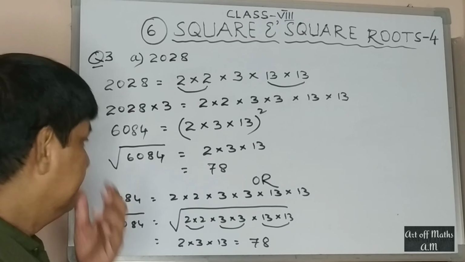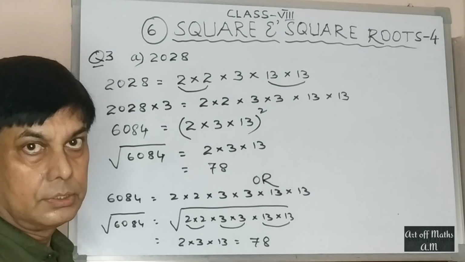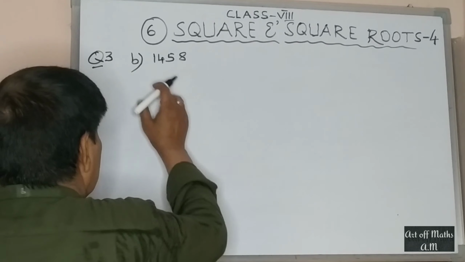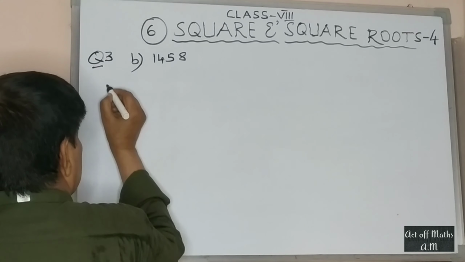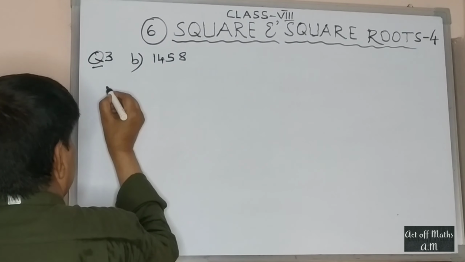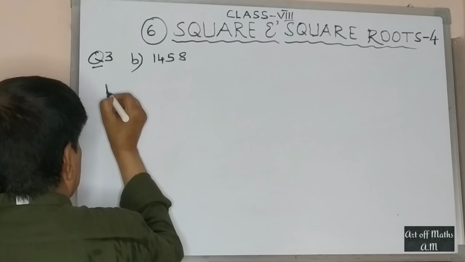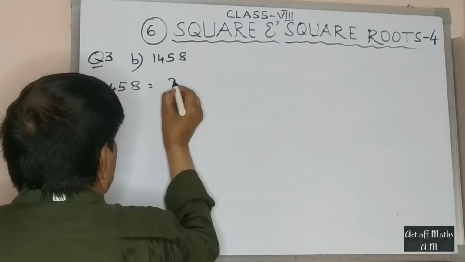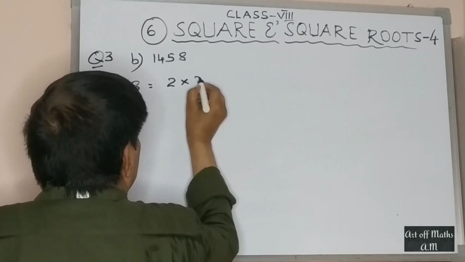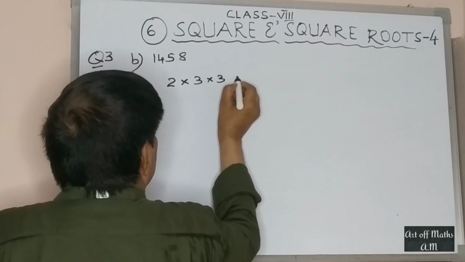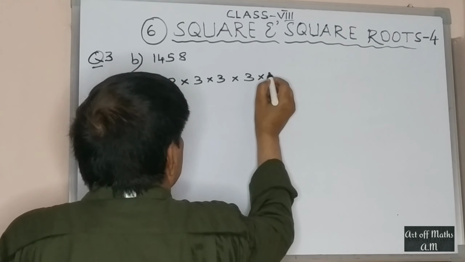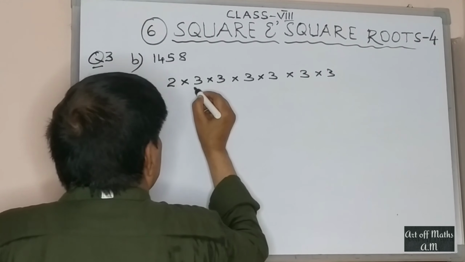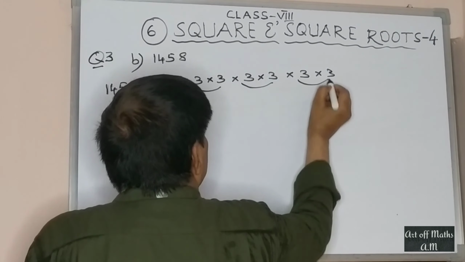Now coming to the second part of this question. Second part of question number 3. The given number is 1458. Here 3 into 3 into 3 into 3 into 3. These are in pairs.